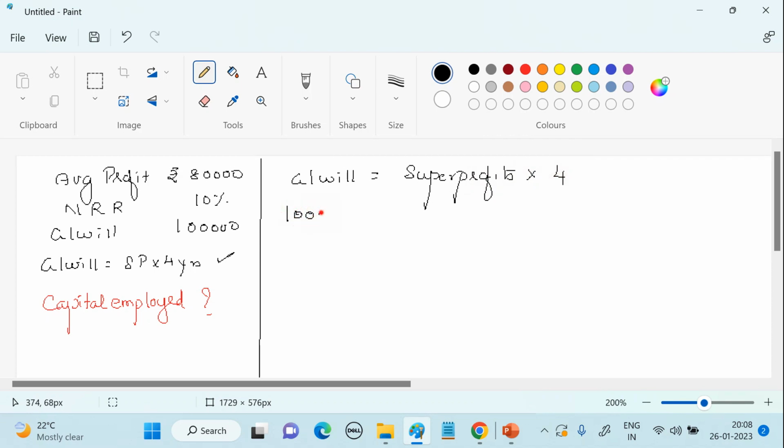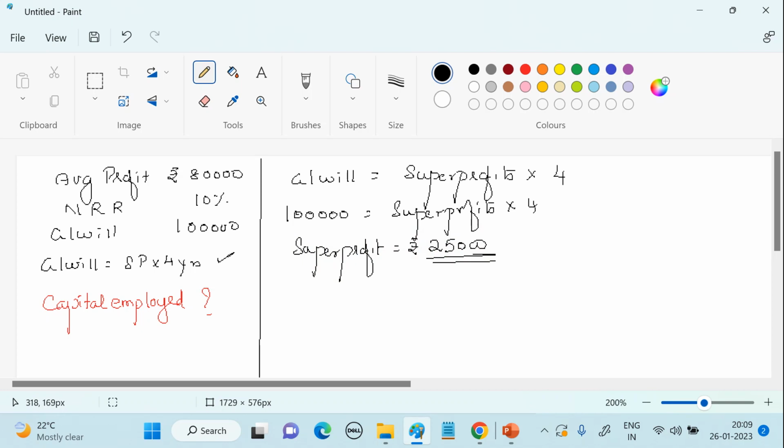Goodwill is 1 lakh. We're replacing it with numericals. Super profits unknown into 4. So super profit is, we bring this down, 1 lakh by 4 would be rupees 25,000. So we got the super profit.